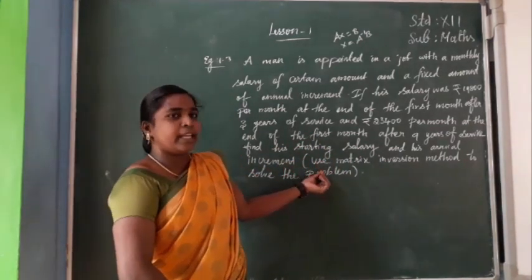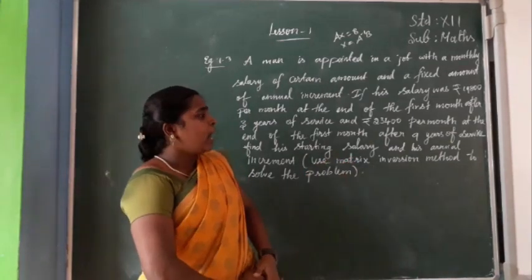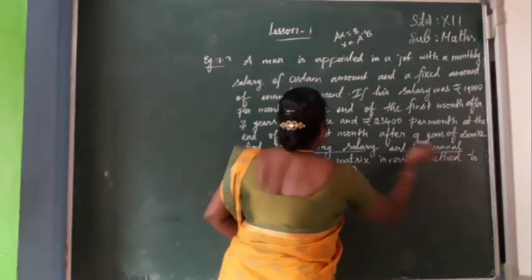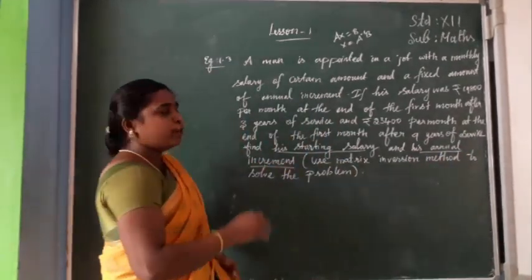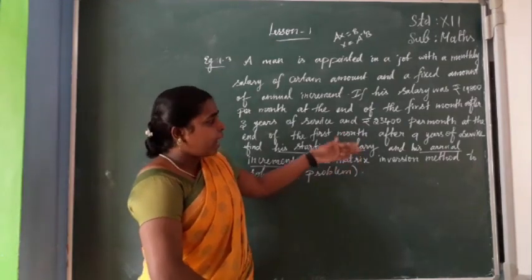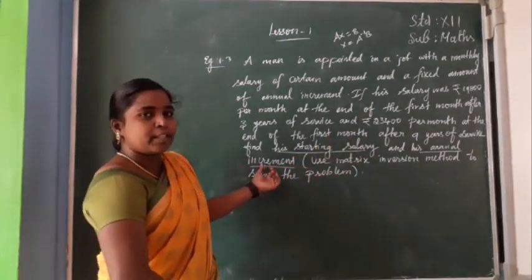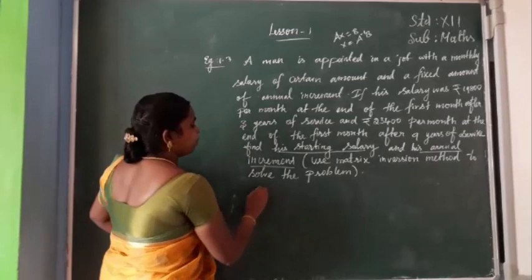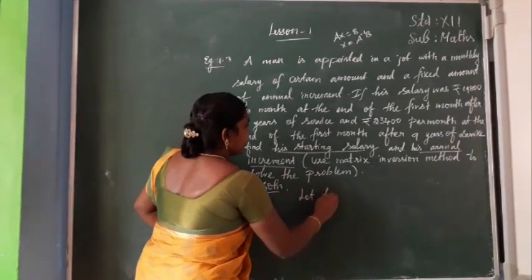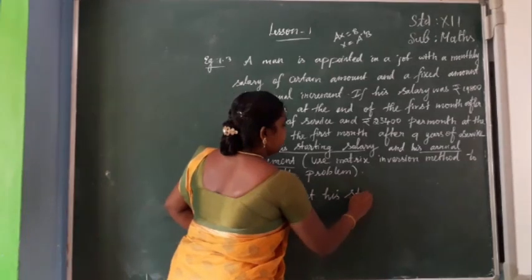So you have to use the matrix inversion method. Actually, the unknowns here are his starting salary and his annual increment. So first, let his starting salary be rupees x and his annual increment be rupees y.